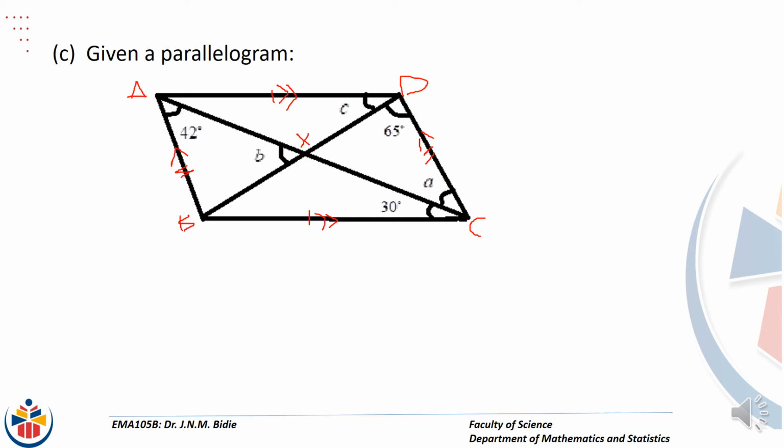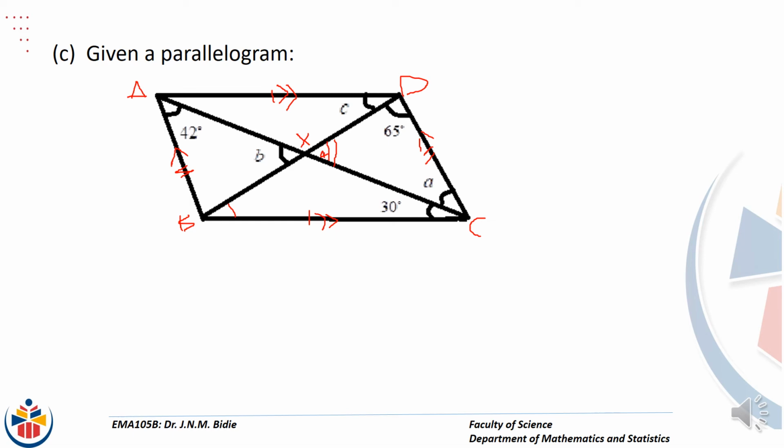And if I've got 72 degrees there and 65 there, then it will be easy for me to calculate that angle. But then how is that going to assist me with finding the value for B? Here, we have a triangle DXC, and A is 42, XDC is 65, then we can calculate the value for that angle.